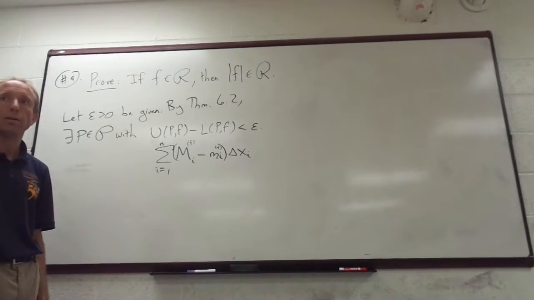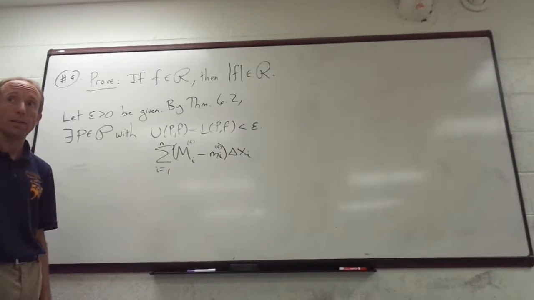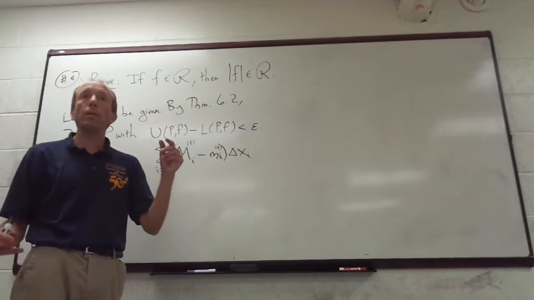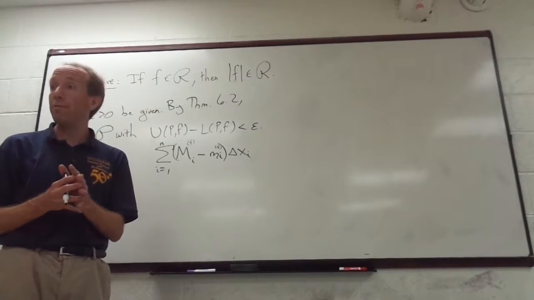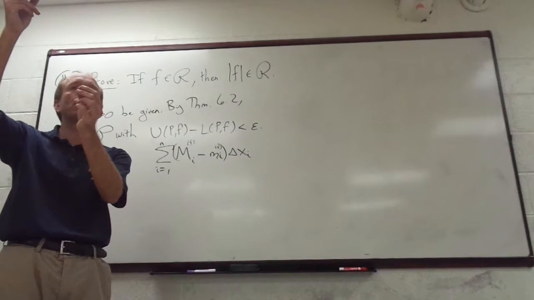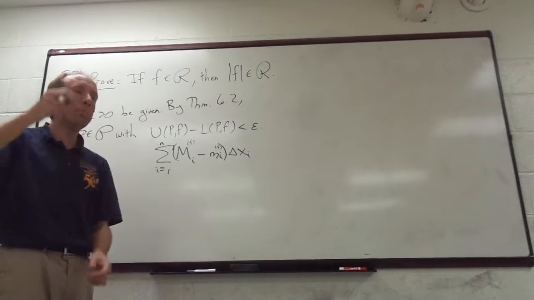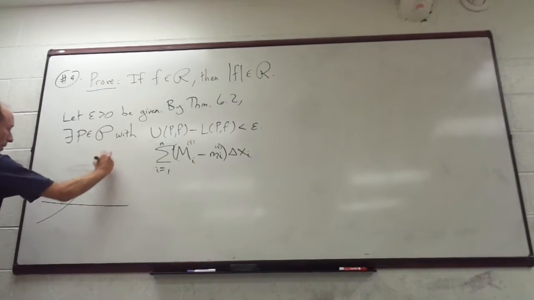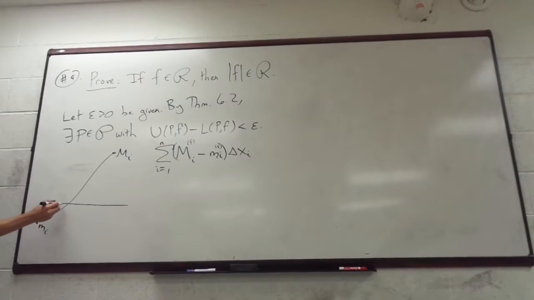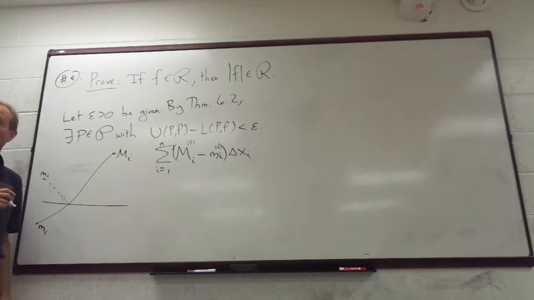Can you take the absolute value, and then we can use the triangle inequality? Okay, basically, as soon as you replace f with the absolute value of f, the difference between the supremum and infimum can only get smaller, because your function f might be like this. Your big M_i is way up here, and your little m_i is down here. As soon as you take the absolute value, your little m_i gets closer to the big M_i. So that's the point.